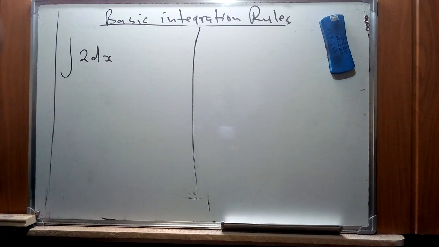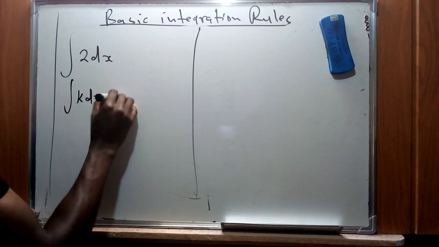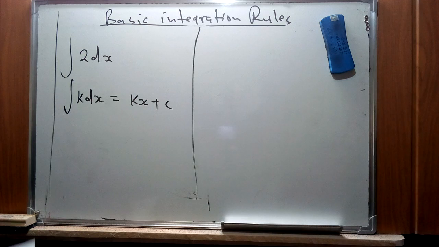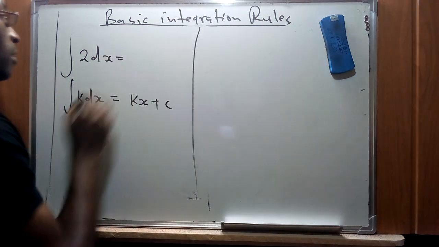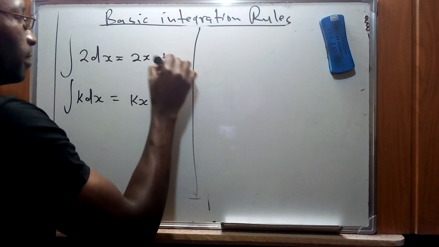From the constant integral rule, the integral of k dx equals kx plus c. Therefore this gives us a basis for solving this integral expression, which gives us 2x plus c.